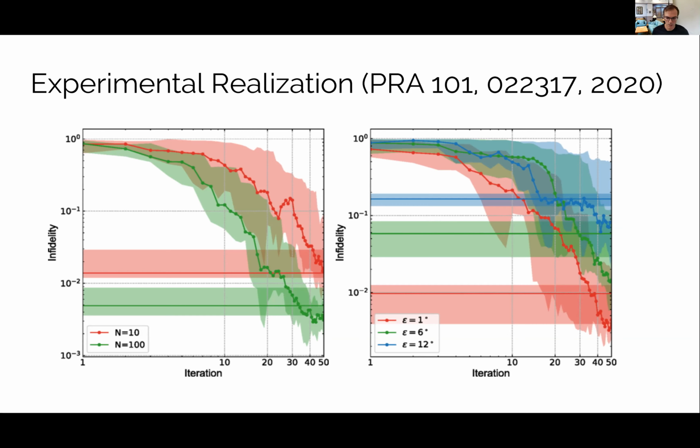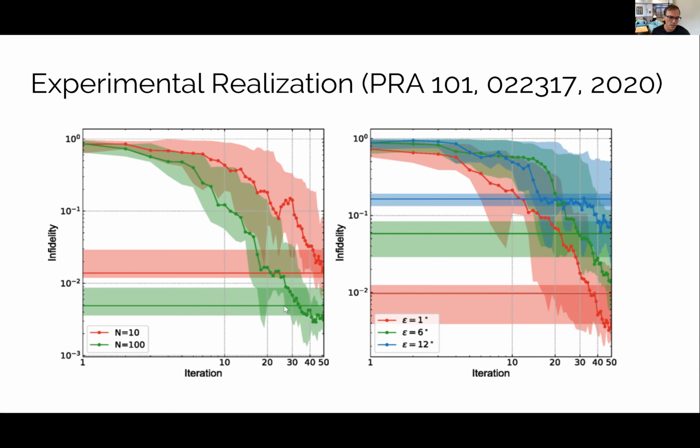But the results are the same in the sense that in the self-guided algorithm, there are two examples of different numbers of shots per measurement, 10 for the red, 100 for the green. So obviously, as a function of the number of iterations, you'll get lower by increasing the number of copies per iteration that you use.